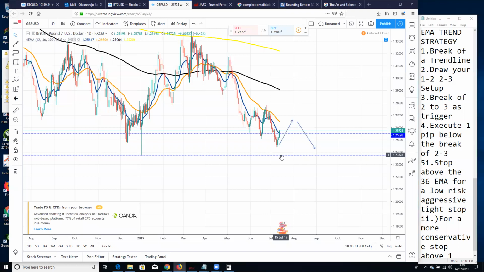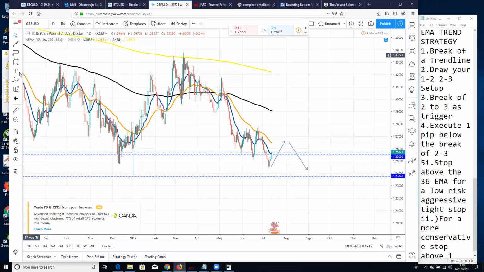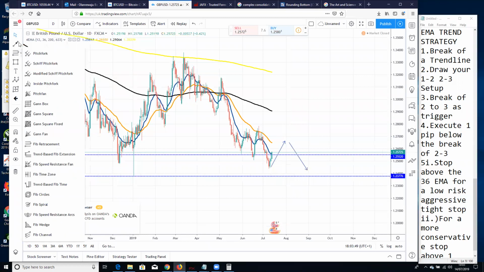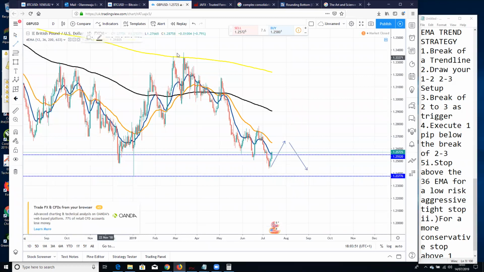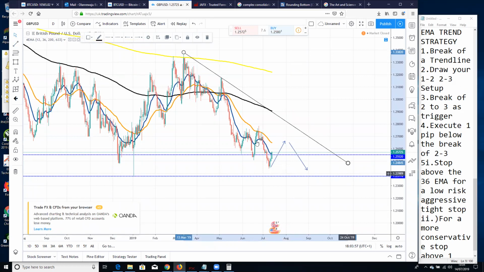But that push, we are anticipating that if we are in a downtrend, we will be looking at the 36 EMA around that zone for possible retracement. Sometimes price can go above it, but have it as a guide going forward, all right?